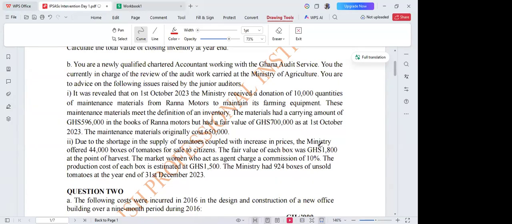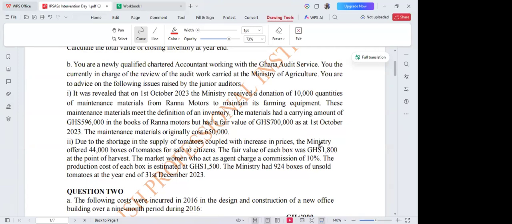I'm tempted to say no. It's maintenance materials. It was used to maintain farming equipment. That doesn't mean it's an agricultural produce. It's not agricultural produce.